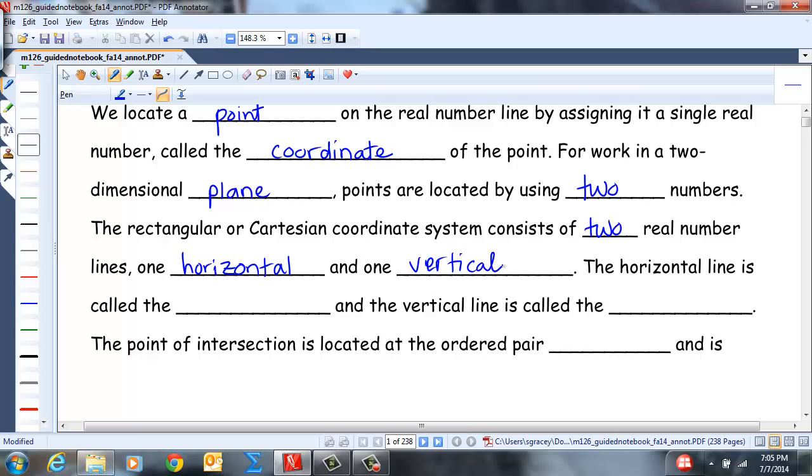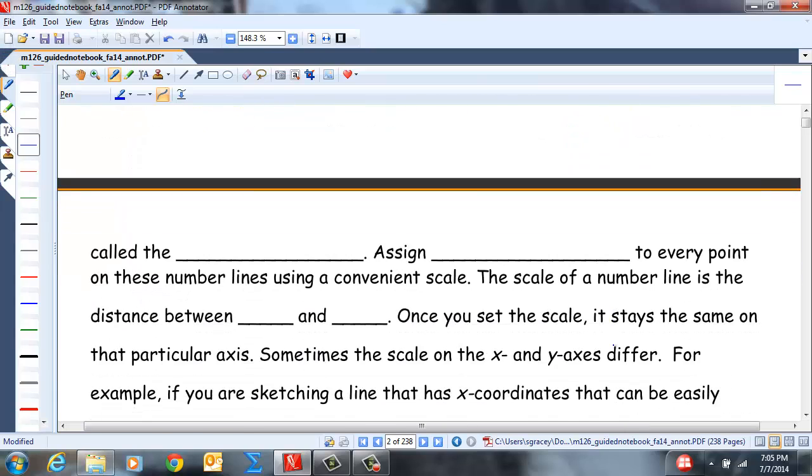The horizontal line is called the x-axis, and the vertical line is called the y-axis. When we get into functions, we often name them different things, but this will suit for the review. The point of intersection is located at the ordered pair, you remember? Good, (0, 0). And it is called the origin.